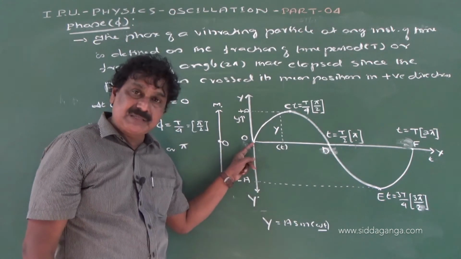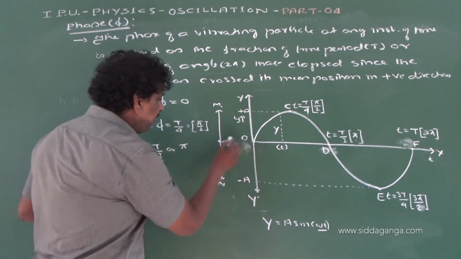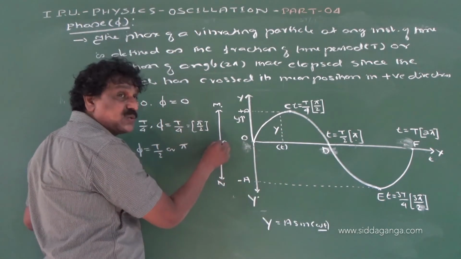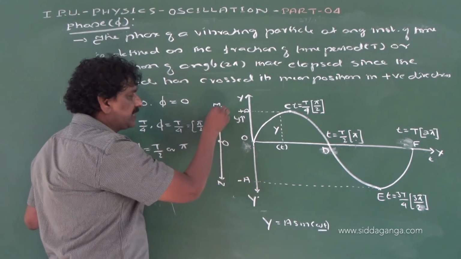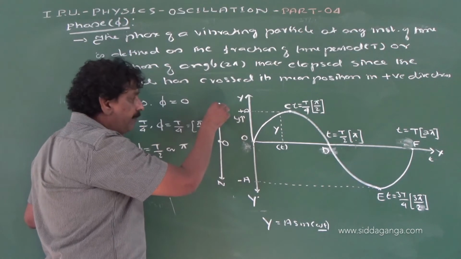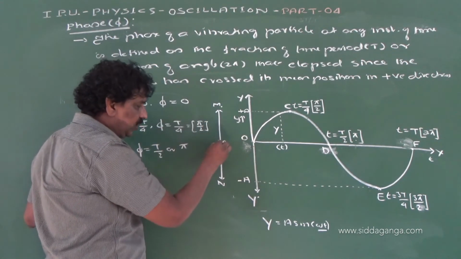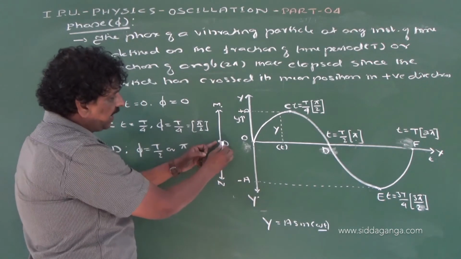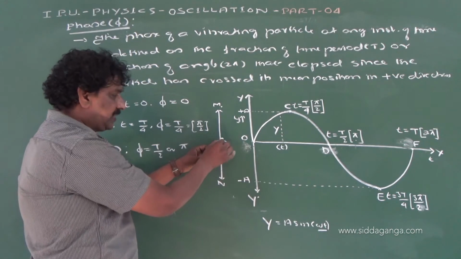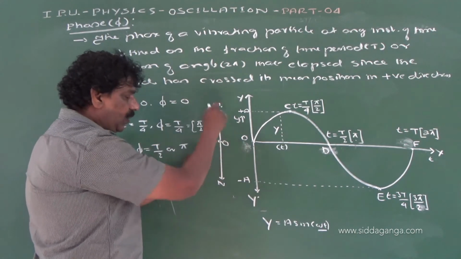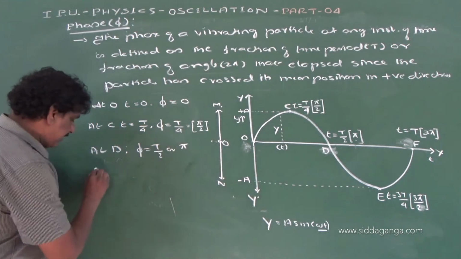Here also displacement is 0. Here time t equal to 0 represents O. Time t equal to T by 4 represents the particle at M. And when we say the phase is T by 2, the particle has reached the mean position after completing one half oscillation.